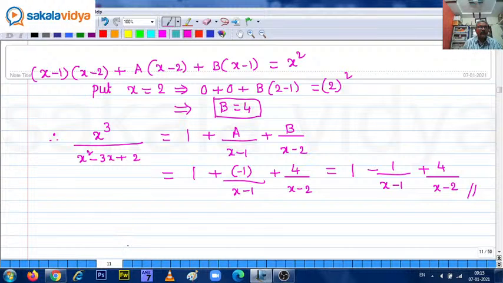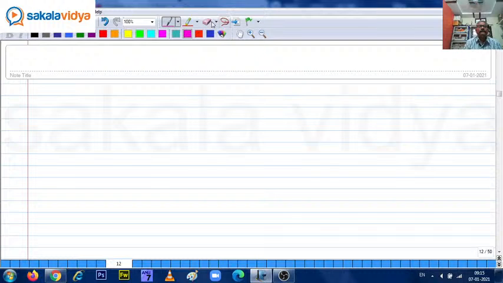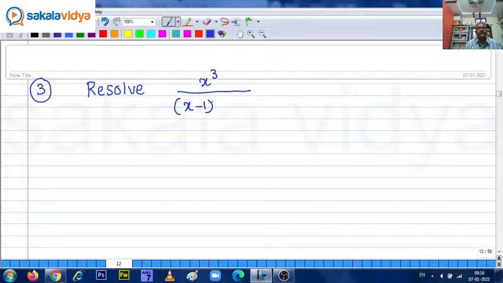Okay, now let us move to the third problem. Resolve x cube upon x minus 1 into x plus 2 into partial fractions.